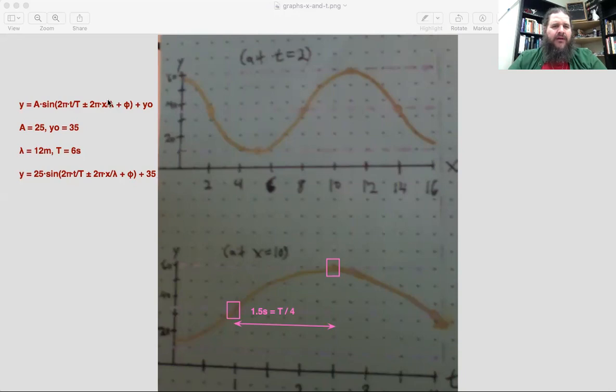Like if you have a graph that looks like this, maybe the axes are labeled too far apart for that to really be useful. Like maybe you've got labels here and here and here.